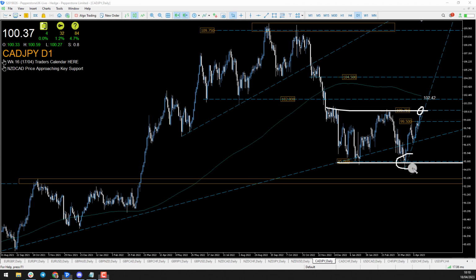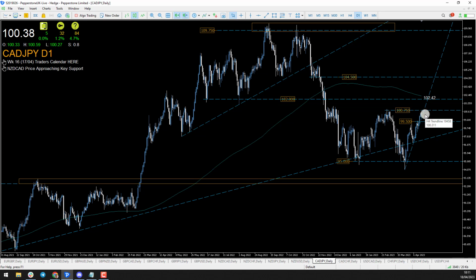If traders are long down in here, where would their targets be? Their targets would likely be back at range highs. So do I really want to start getting long here? Although the tables say I should be looking to be long, the technicals at the moment are suggesting, hang on a minute, maybe we should wait slightly, because price is now approaching a key level of resistance.